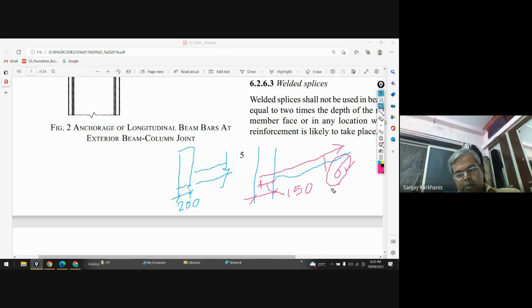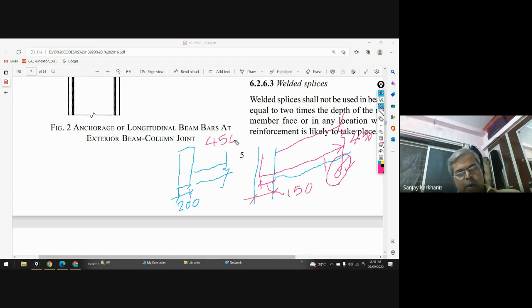So you will have to bend it something like this. But if the height of the beam is, let's say, 450, this is 150 and maximum you will say that this is 300. So 300 plus 150, you will get 450.